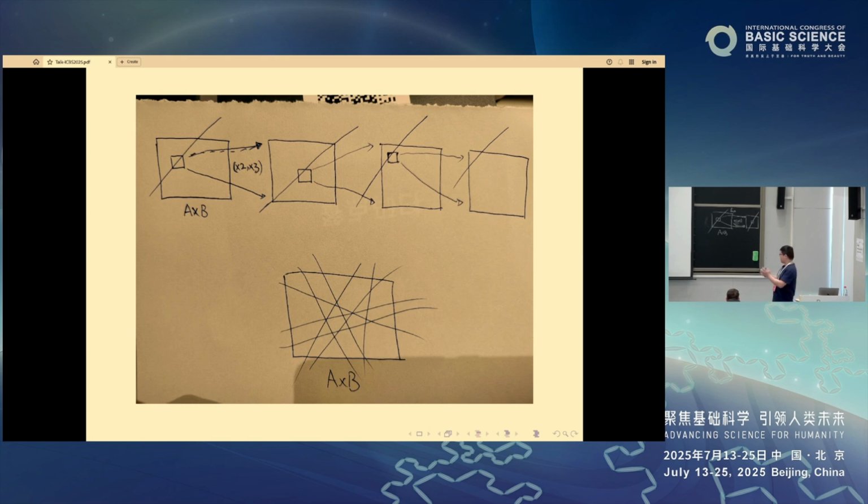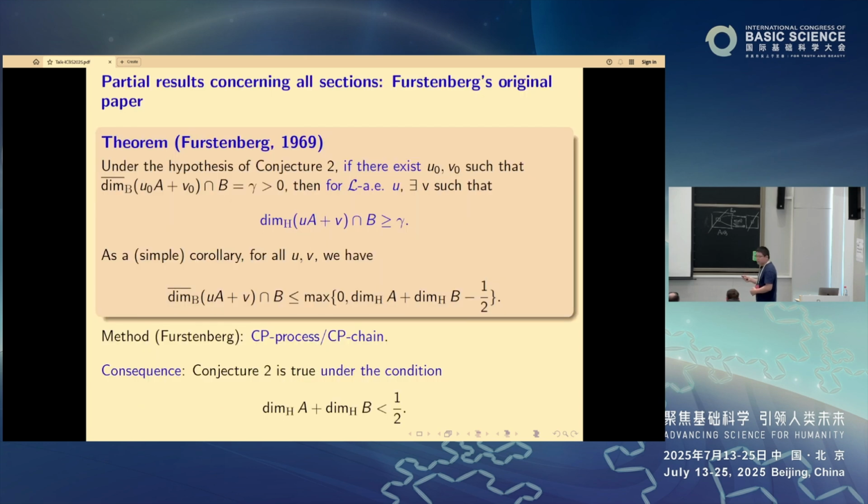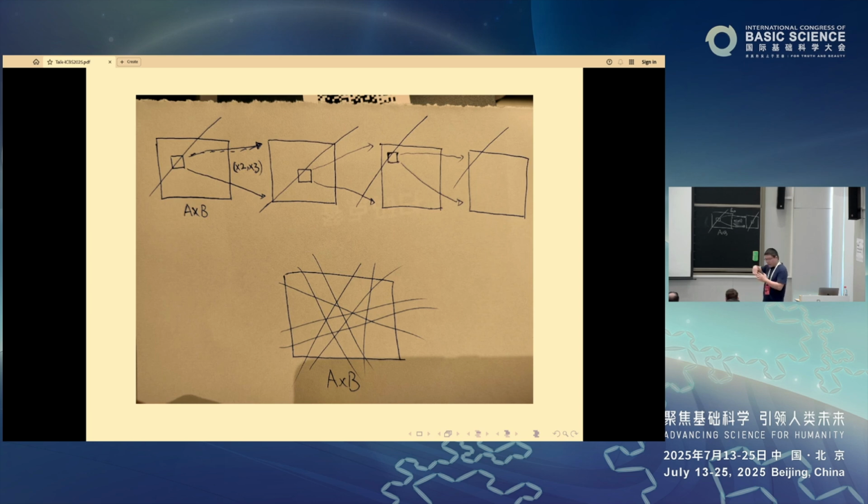That tells you that for almost every direction you can find a slice with dimension s. This is a measure on the projective space, on the set of directions.